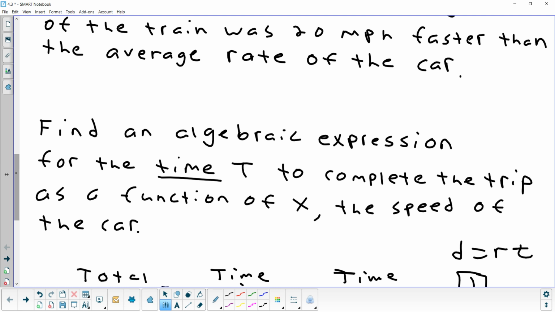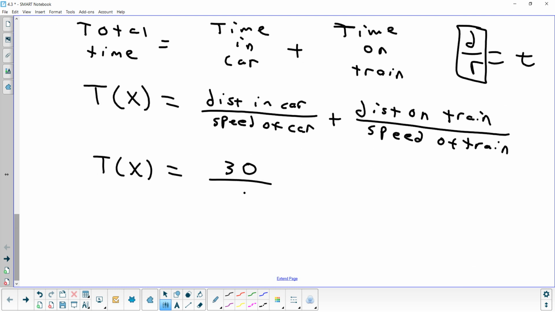X minus 20. What does x represent again? The speed of the car. So what's the speed of the car? X. So x is going to be the speed of the car.